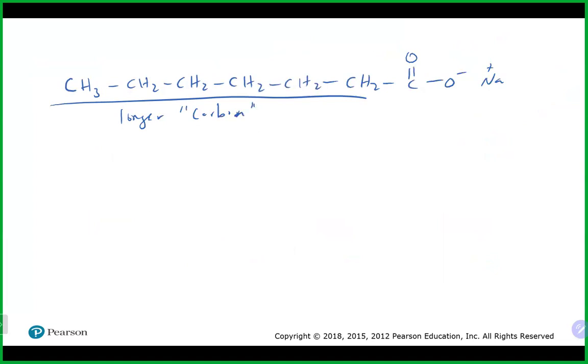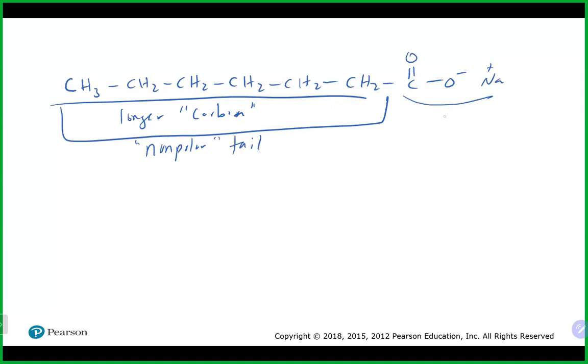This is what basically soap is, and there's two parts of soap. There's this part here, which is usually a lot longer as well, and that's a nonpolar part of soap. And that's because it's all carbons and hydrogens, which are nonpolar bonds. This part up here is sometimes referred to as a nonpolar tail. This part up here is what is referred to as the polar head of soap.